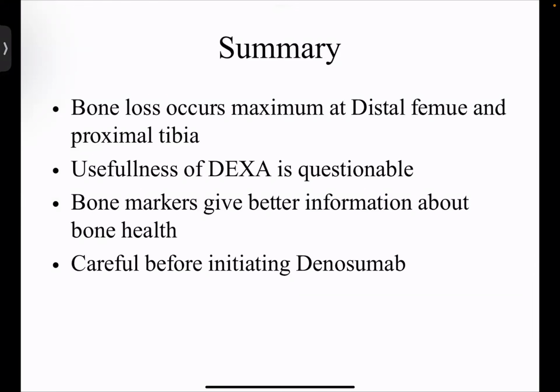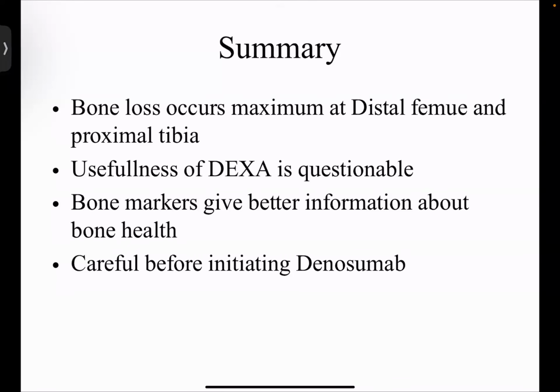So, what is the take-home message from the talk? Bone loss in spinal cord injury occurs maximally in the acute phase. Usual DEXA, what we do, checks the region of interest at the hip and the lumbar spine. There are protocols to check the distal femur and the proximal tibia.